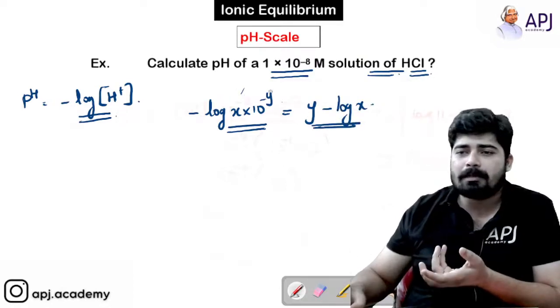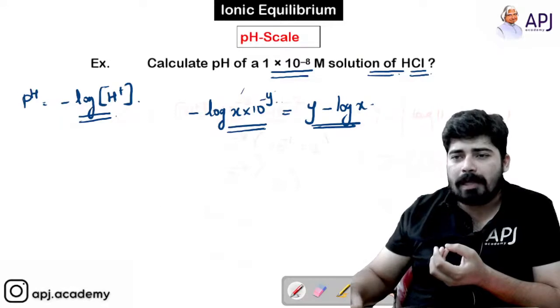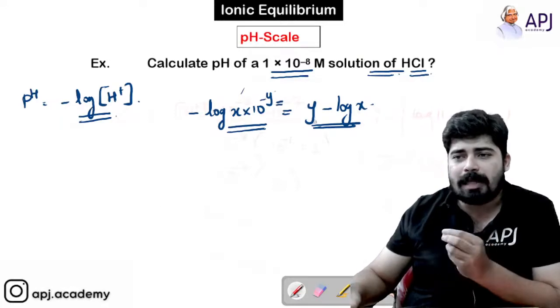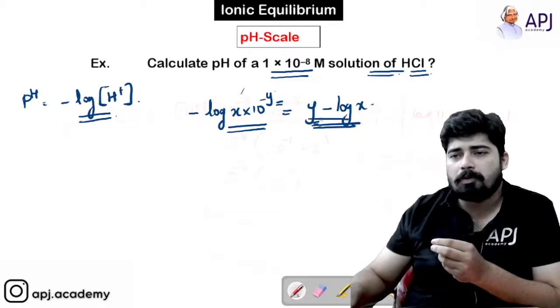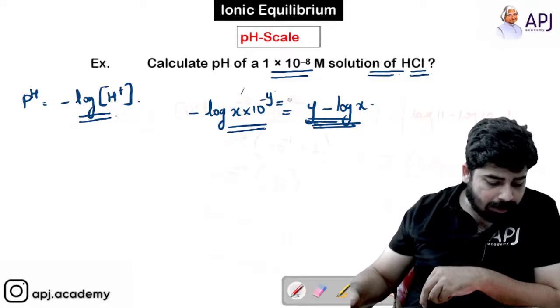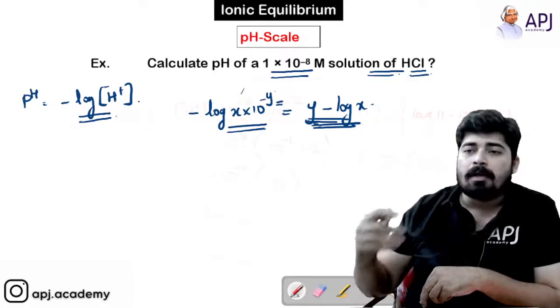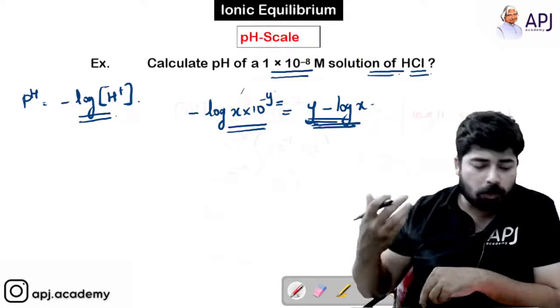How did I get it? Just see this. Negative log of x into 10 raised to minus y is equal to y, that is the power of 10 raised to minus y, that y you have to write first, then minus log x. This is how you have to represent it. This is the simplest method of calculating the pH, or calculating with respect to logarithm.